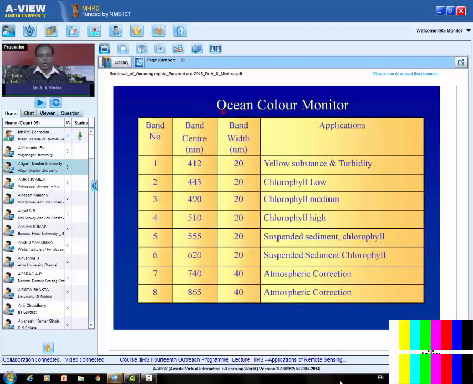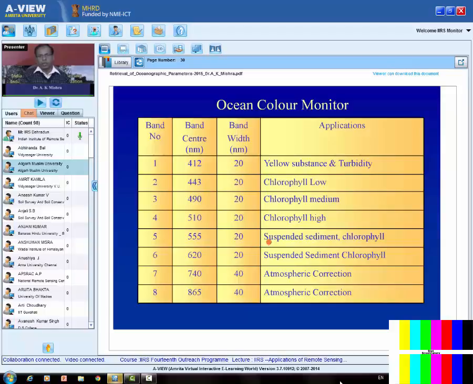Now, in Oceansat-2 we have a sensor, the Ocean Color Monitor. We have 8 bands. The first band is for yellow substance and turbidity determination, and the second band for estimation of low chlorophyll concentration, the third is for medium, and the fourth is for high chlorophyll waters.